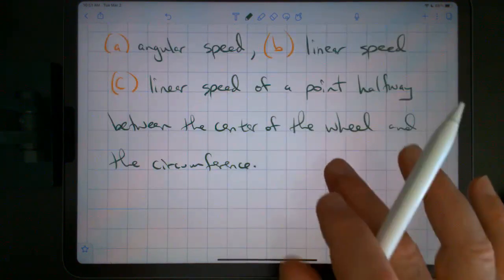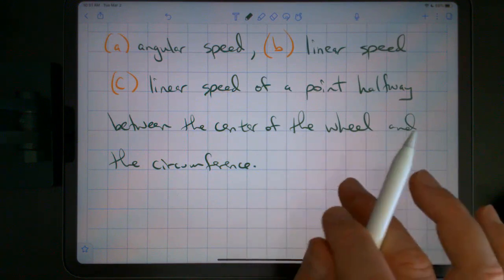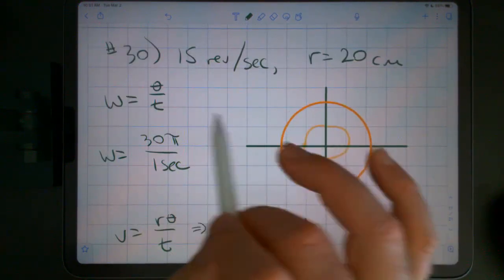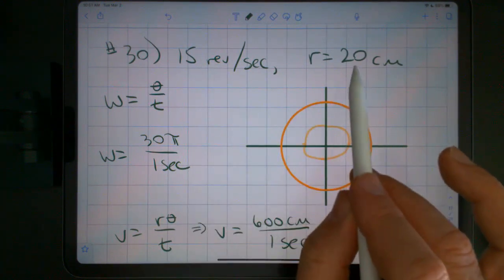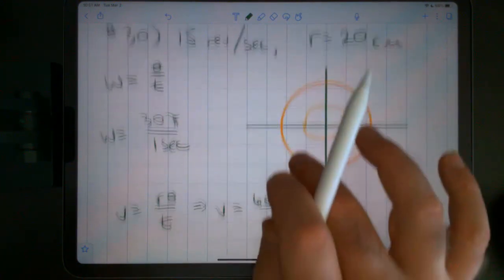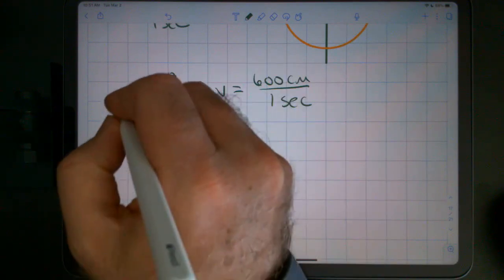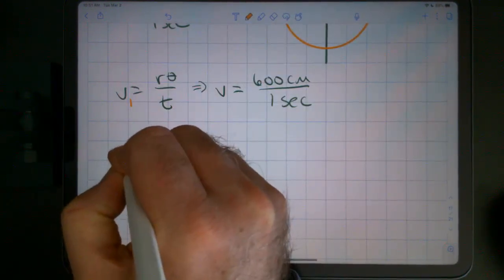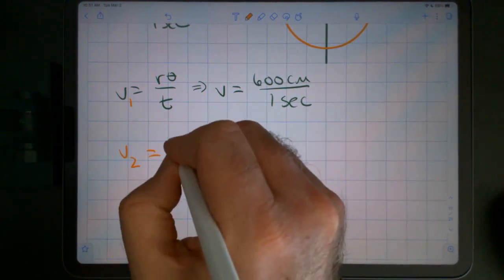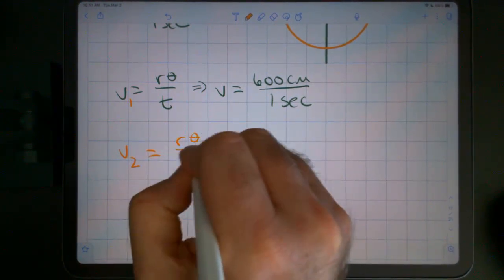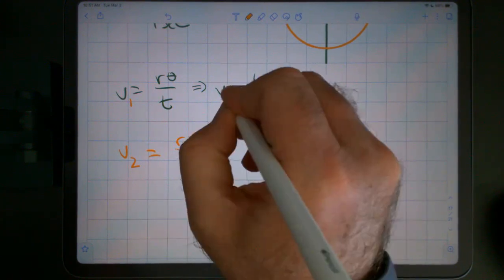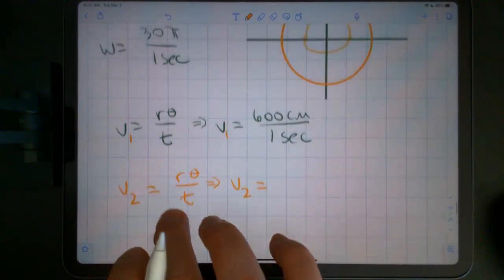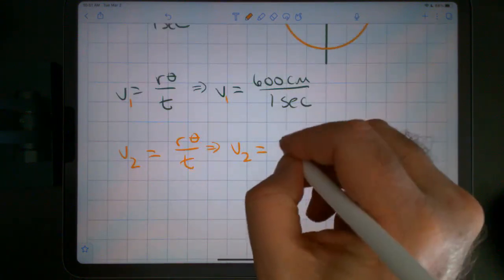The linear speed of a point halfway between the center of the wheel and the circumference. Okay, so we're still traveling at 15 revolutions per second, but we're going to change this r down to a 10. So let's call this v1, that's your first velocity, and we'll call this the second velocity. So now the radius, instead of being 20, is 10.